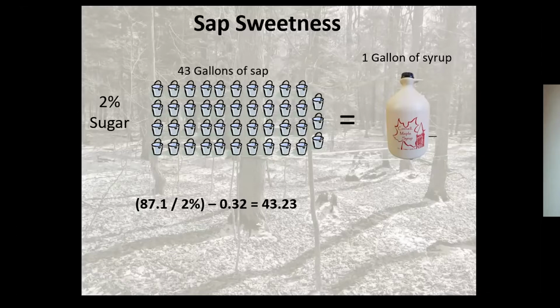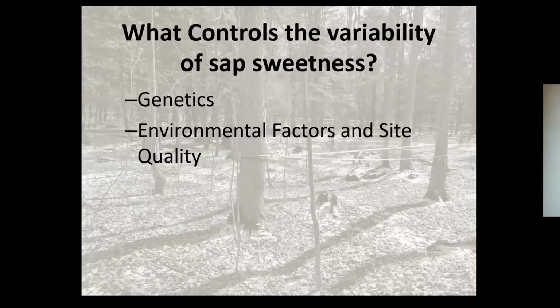That's a totally different topic that I'm happy to talk about sometime, but we won't get into that too much today. But if we look at the actual sap sweetness of the trees, a lot of the factors controlling sap sweetness, which is going to impact our ultimate yield, come down to two different sections. One is looking at the genetics of the trees that are there.